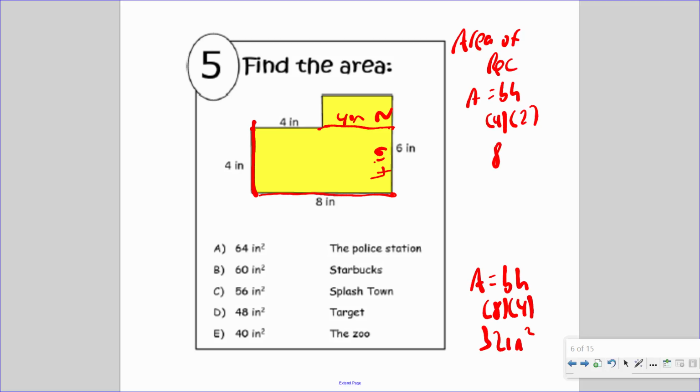So the area of the smaller rectangle is 8 square inches. Together, it is 40 square inches. Another way you can think about it is you can find the area of this, which is 48. Then you cut out this 8, and then you're left with 40 square inches.